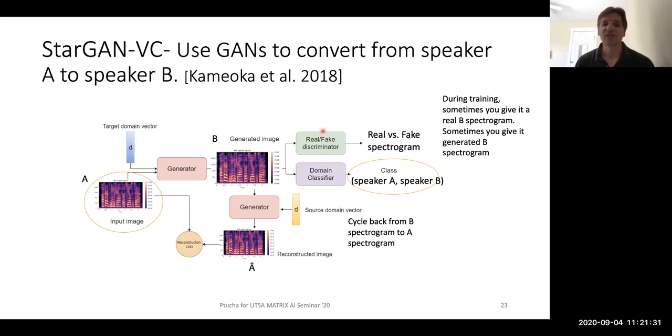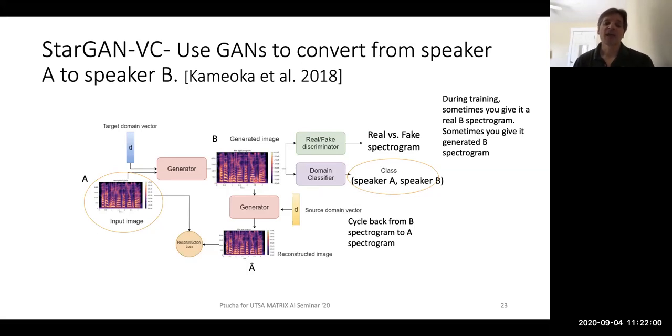So this guy becomes an expert at determining real or fake, which forces the generator to get better, because they battle it out. They both want to win this battle. So the generator gets better and better at making realistic looking spectrograms. And then the second classifier says, by the way, it also needs to be classified as B, not as A. So is this a realistic spectrogram, and is it a spectrogram from speaker B?